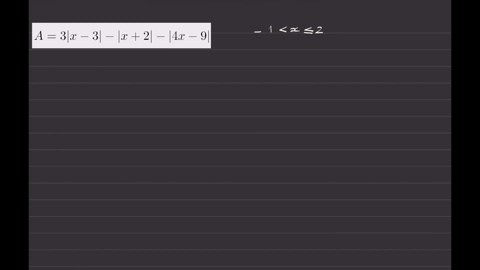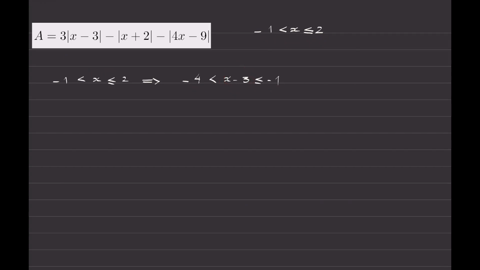So we know that if minus 1 is less than x, less than or equal to 2, for example, I can subtract 3 units from all sides, so then it becomes minus 4 is less than x minus 3 is less than minus 1. So under this condition, we are sure that x minus 3 is somewhere between minus 4 and minus 1.